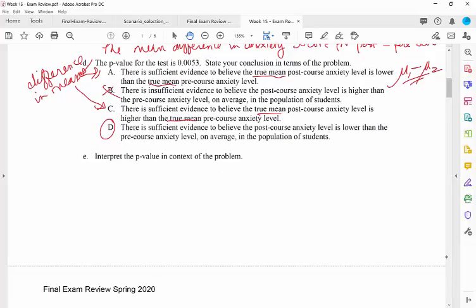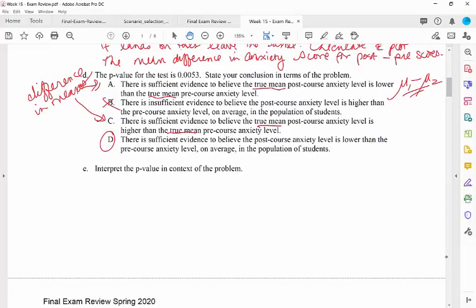All right, so interpreting the p-value. Remember it's always the probability of our statistic, or more extreme, if the null is true.